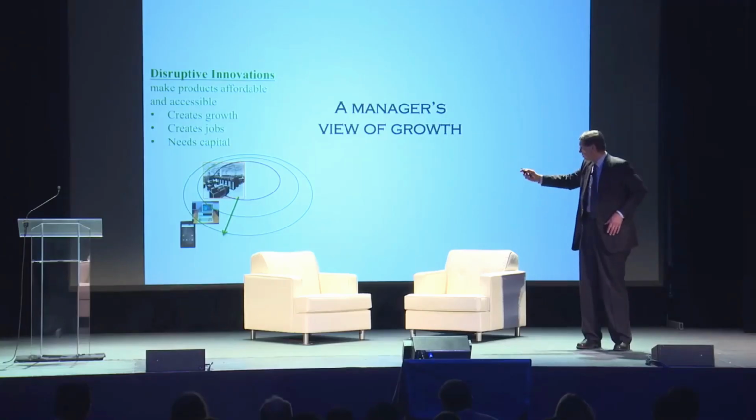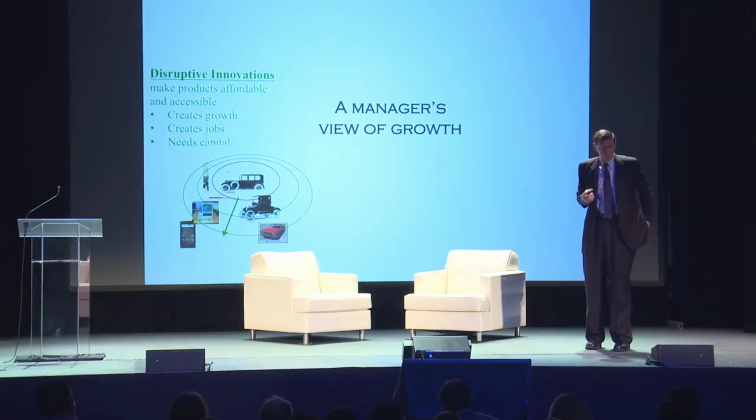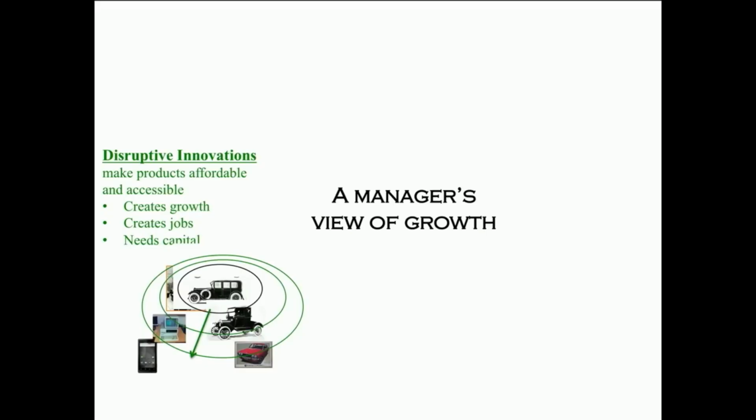If the data were available, and fortunately or unfortunately they're not, I think that almost all of the net growth and net jobs come from these types of innovations. Automobiles is another. The early cars were viewed as toys for the rich. And then Henry Ford made it affordable and accessible so that many more people had access.